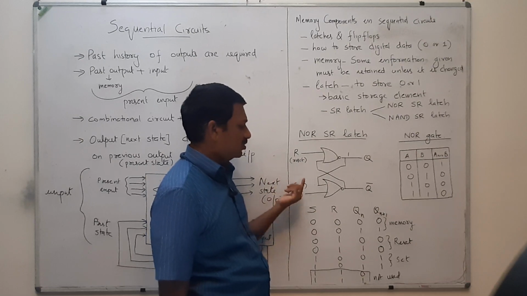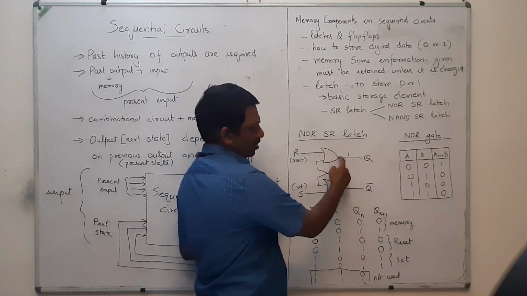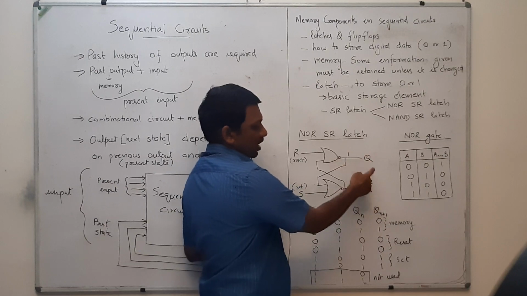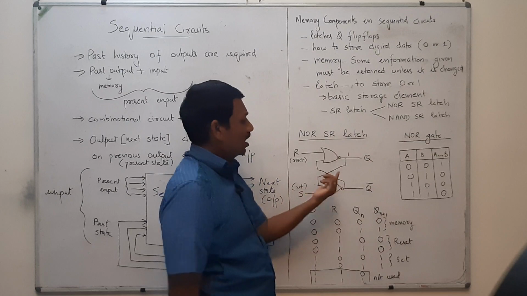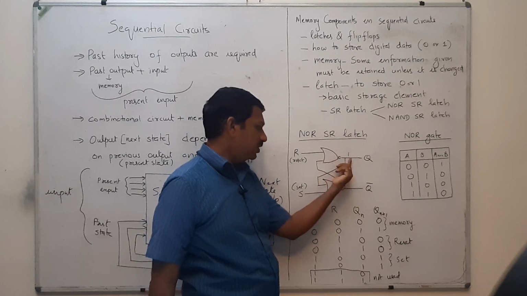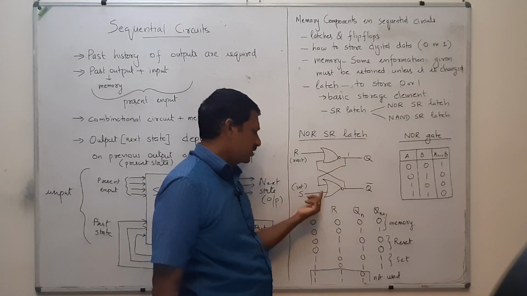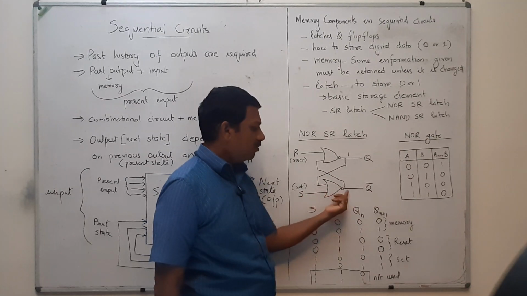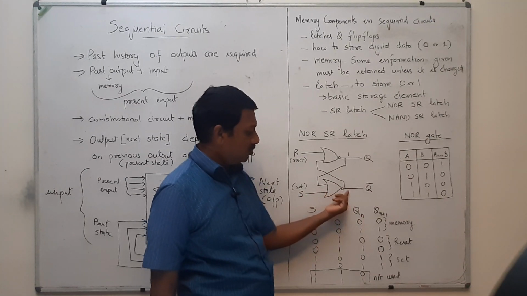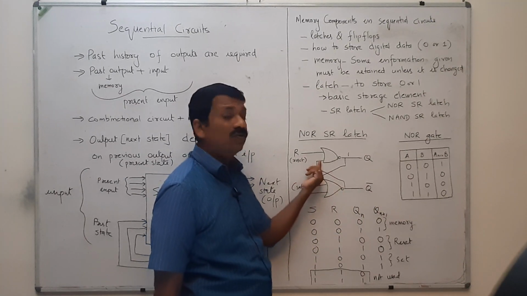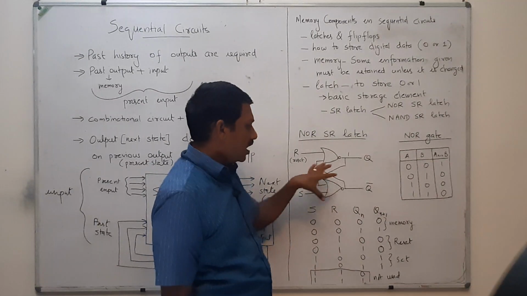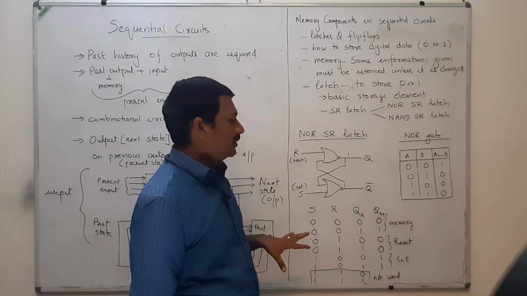This is the current output Q, and Q bar will always be the complement of Q. The output of the first gate is fed as the input to the second, and the output of the second NOR gate is fed as the input to the first NOR gate.